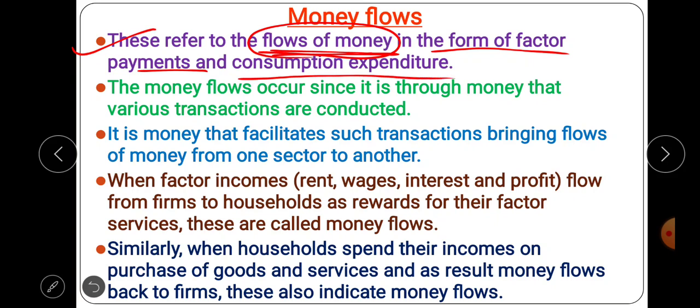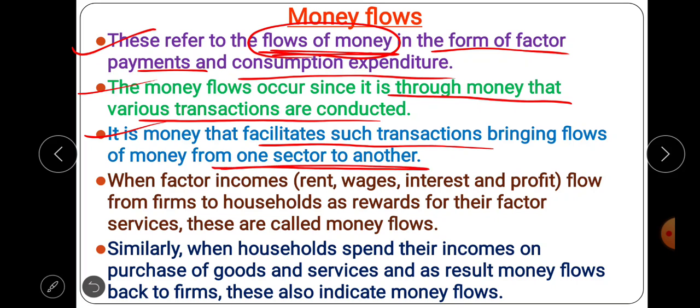Okay. So, the money flow occurs since it is through money that various transactions are conducted, and it is money that facilitates such transactions, bringing flows of money from one sector to another.